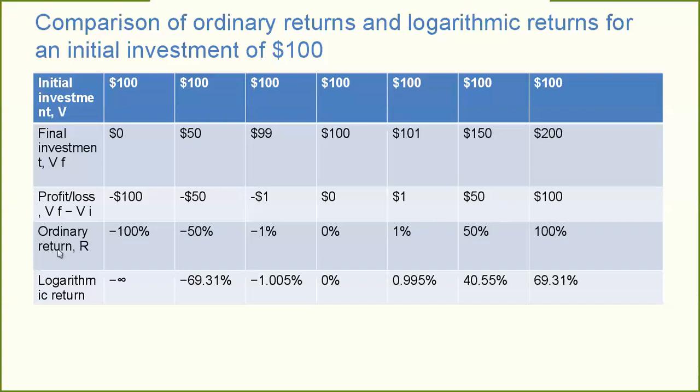So ordinary return is a ratio: 100 divided by the initial investment. In this case the ratio is minus 1, but in percent it is minus 100%. In this case it is this divided by this, a ratio of minus half, but in percent it is this, and so on.